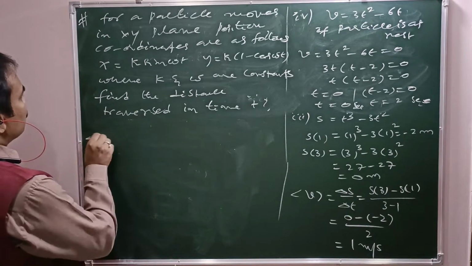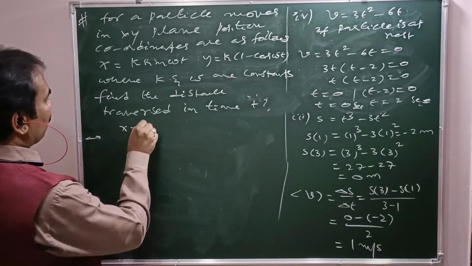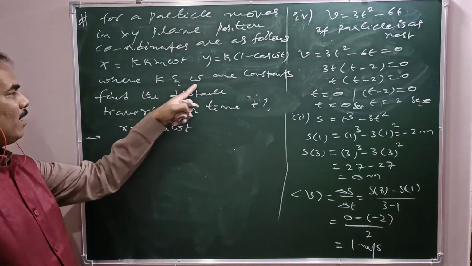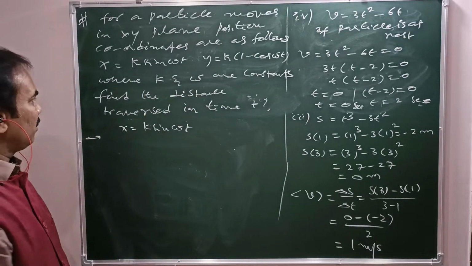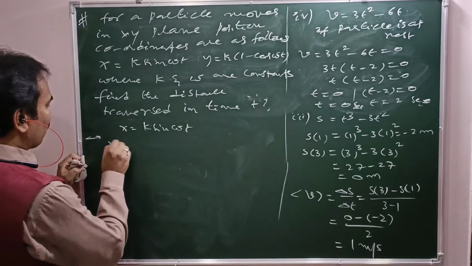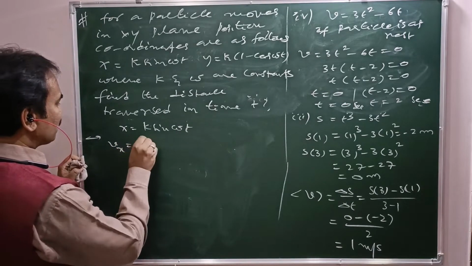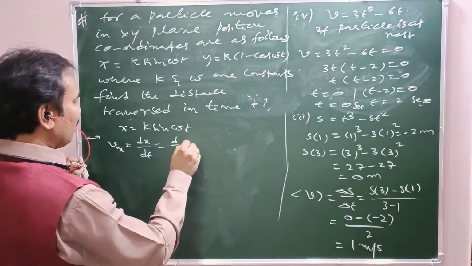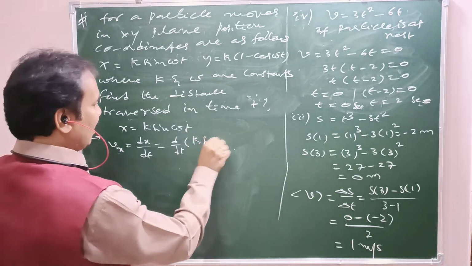Right? Now see, x equals k sin omega t. Here k and omega are positive constants from data. Now, how to get Vx here? Vx equals dx by dt, that is d by dt of k sin omega t.